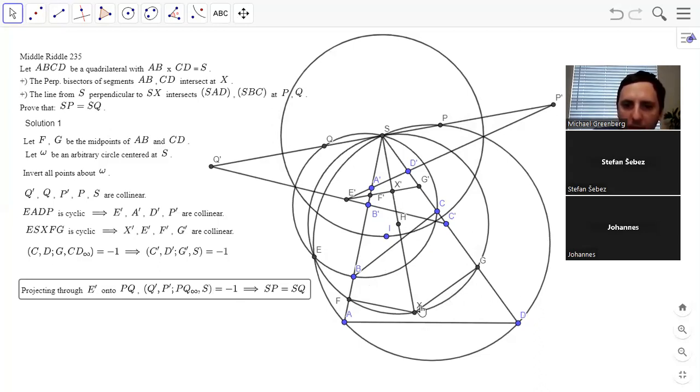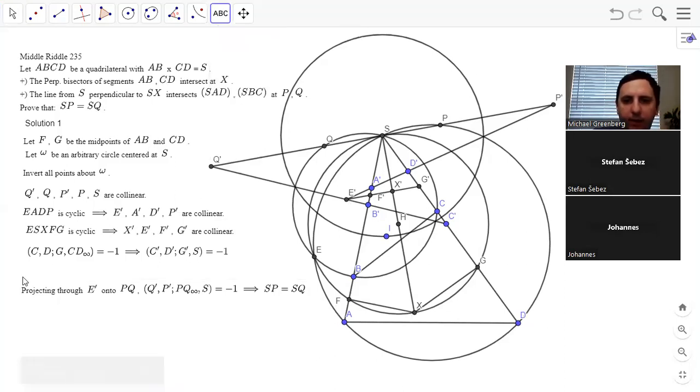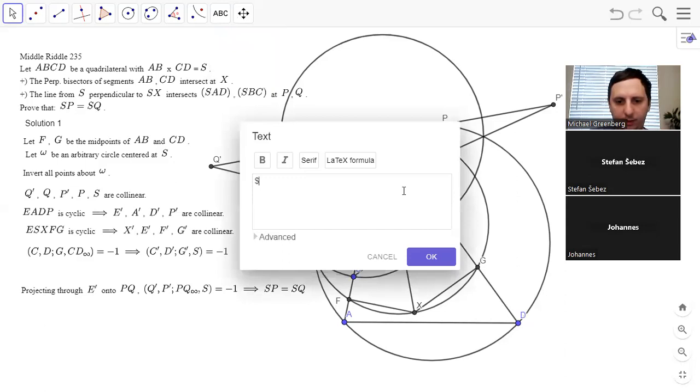So F prime G prime is going to be, but it's because inversion preserves angles, right? So angle SFX is 90. I'll do it like that.